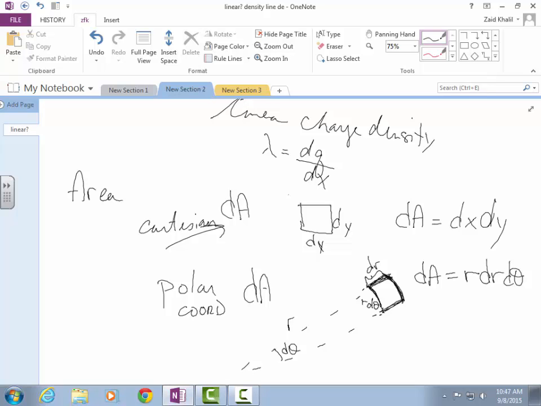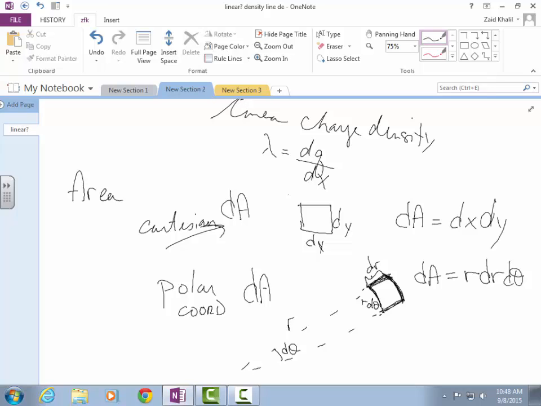What I'm asking you is to integrate this for a full loop. So you integrate this over a full loop. What do you get? What does theta extend to for a full loop? 2 pi, right? So you extend it from 0 to 2 pi. What's the integral of d theta? Theta, because the function in front of it is 1.